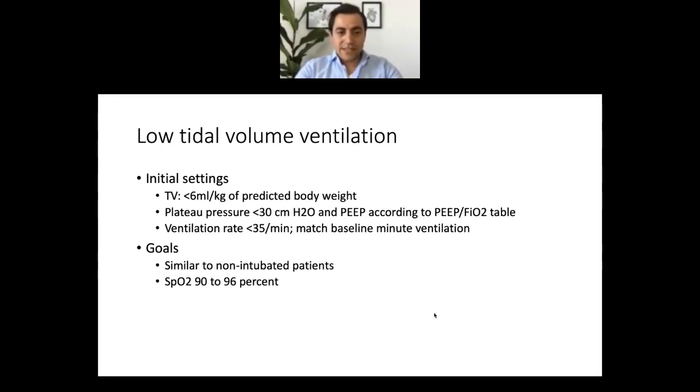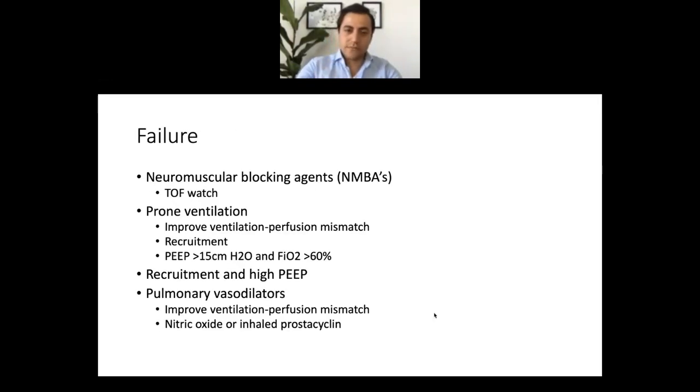The ventilation rate should be less than 35 per minute, but you should match this again for the minute ventilation of the patient. So the goals when ventilating the patient through the mechanical ventilator are similar to the non-intubated patients. Your goal should be to achieve a peripheral saturation between 90 and 96% with a pH above 7.2.